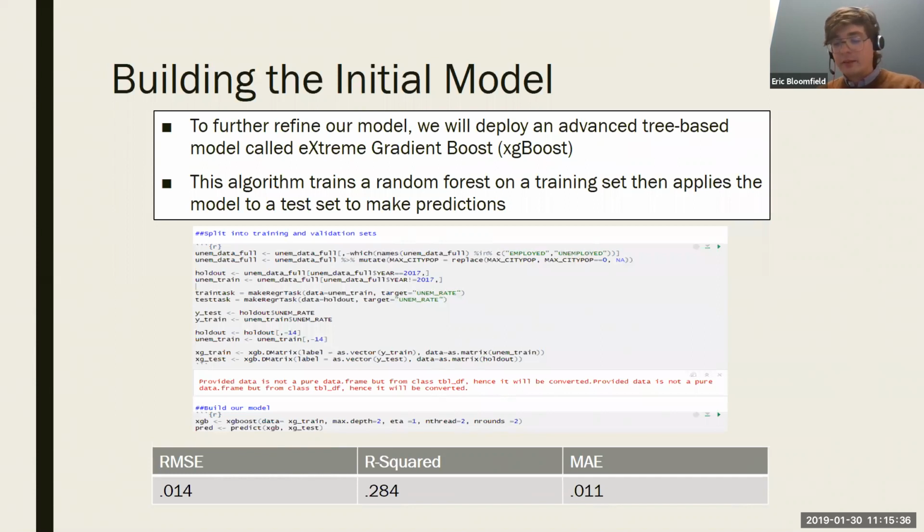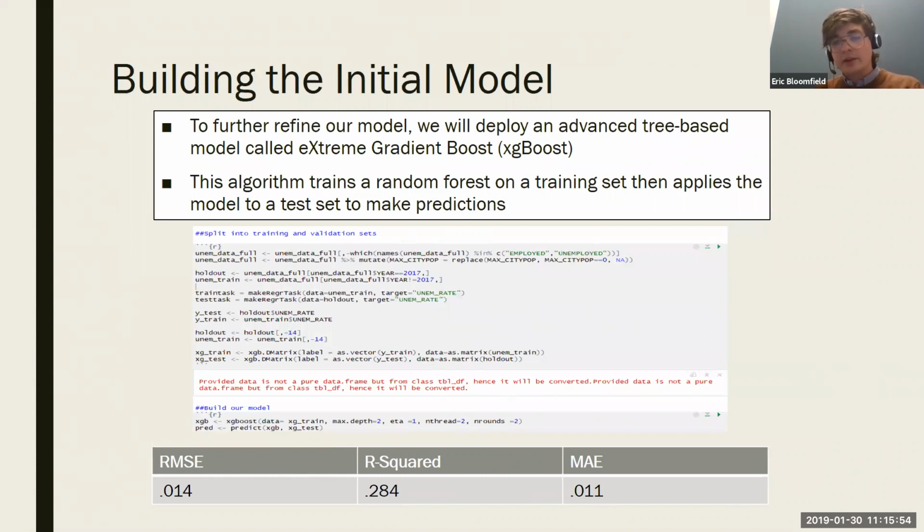So on the bottom of this slide, we have the same model evaluation metrics that I showed before, where the bottom left I have root mean squared error. This is 1.4%, so it shows that we're more accurate than our last simple linear regression model, but we could probably improve this still a bit more.